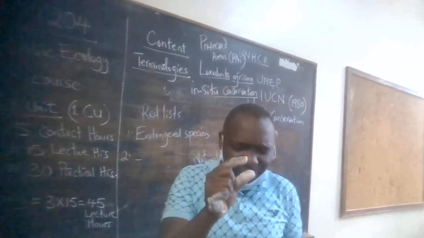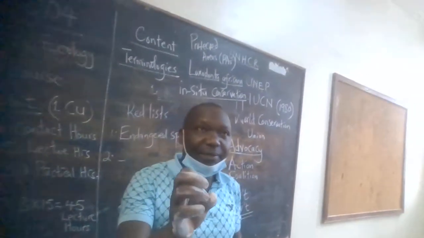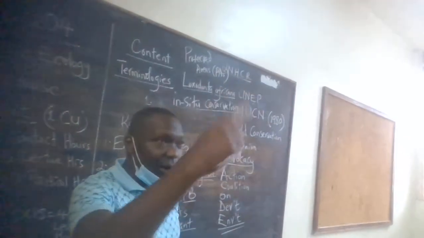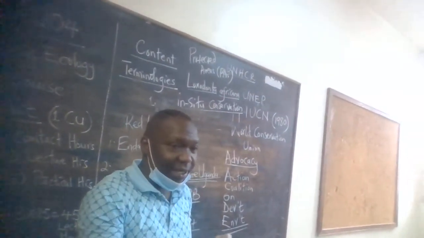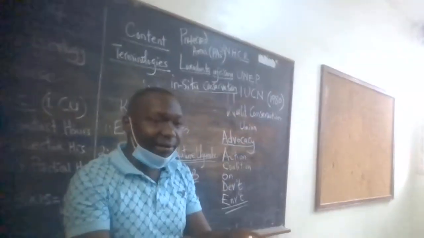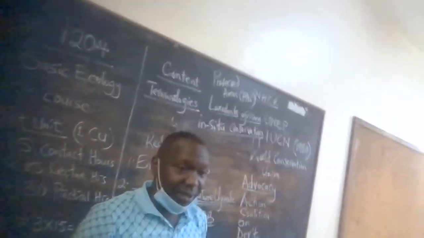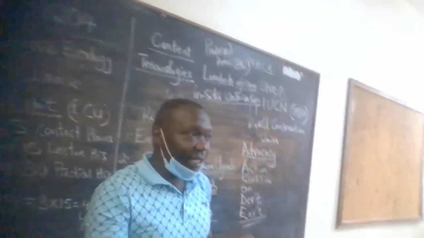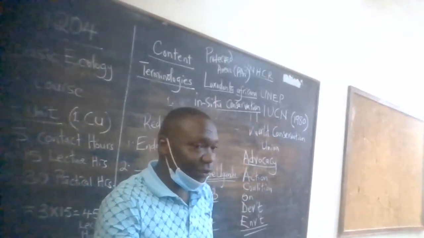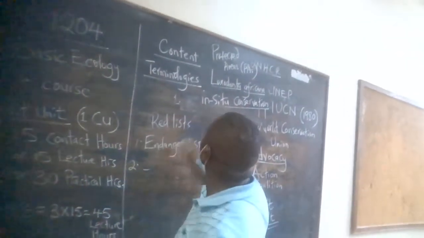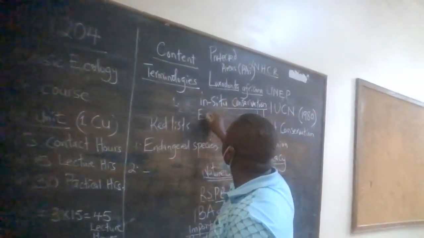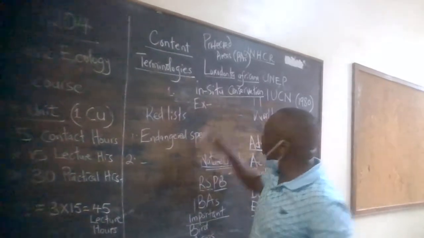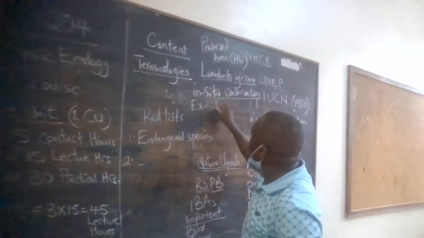But when such species are displaced from their natural environment and kept within a confined area, like in a zoo, that one is called ex situ conservation. Ex situ conservation does not permit a species to exploit its natural home range.